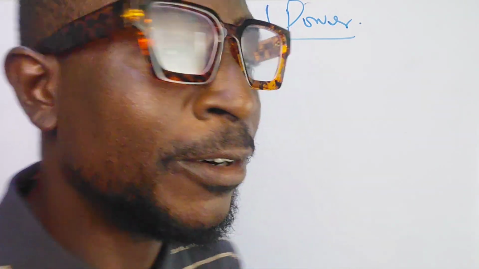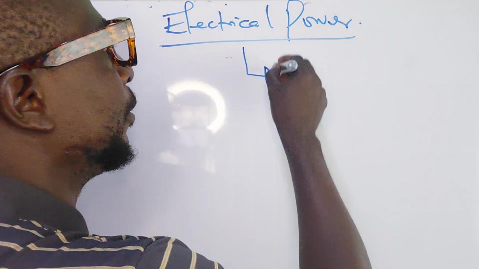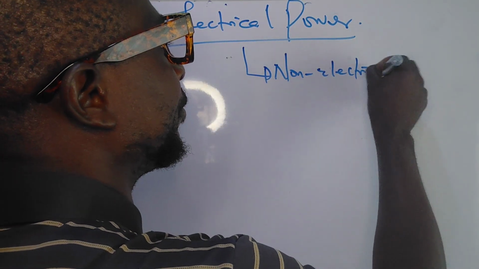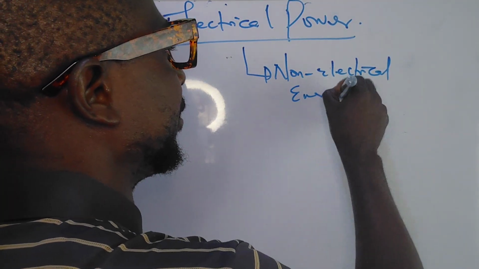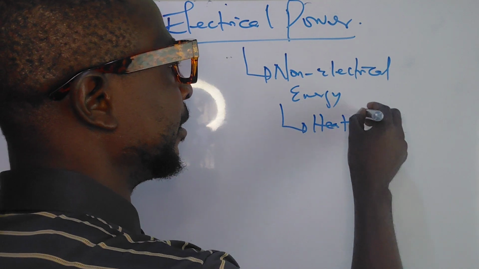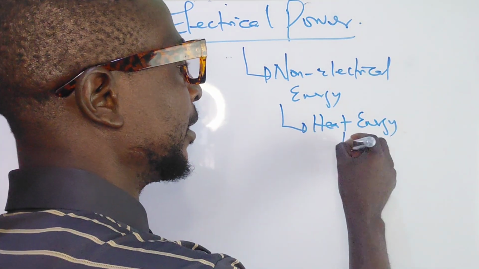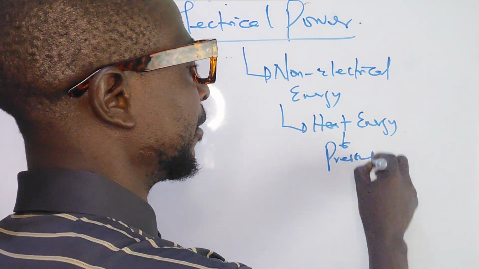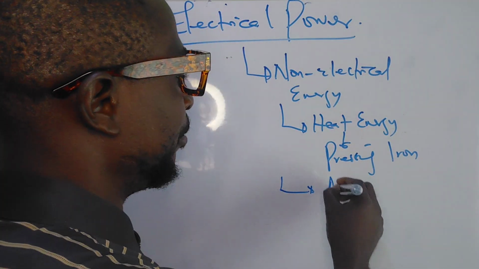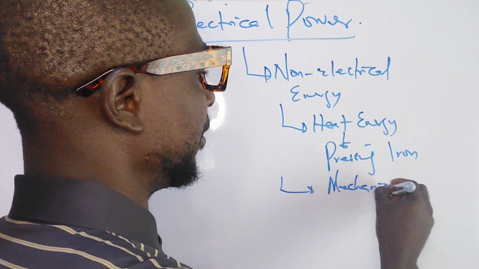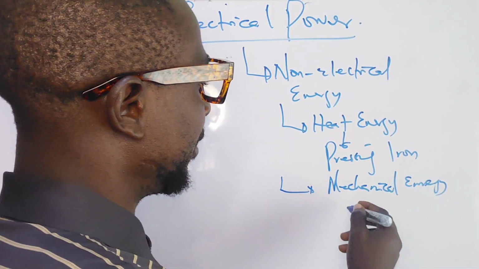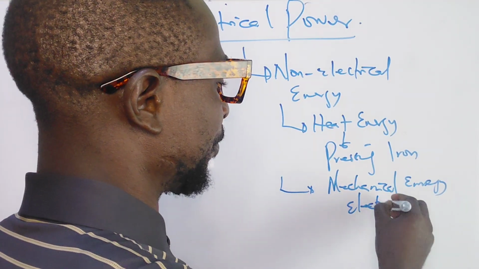It is the power that is converted into non-electrical energy, like your heat energy, in the case of your pressing iron, or your mechanical energy, in the case of your electric motor.